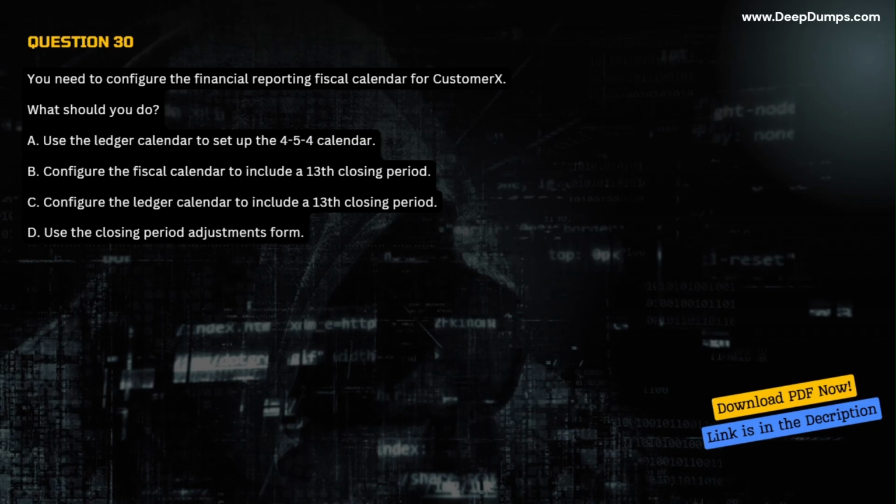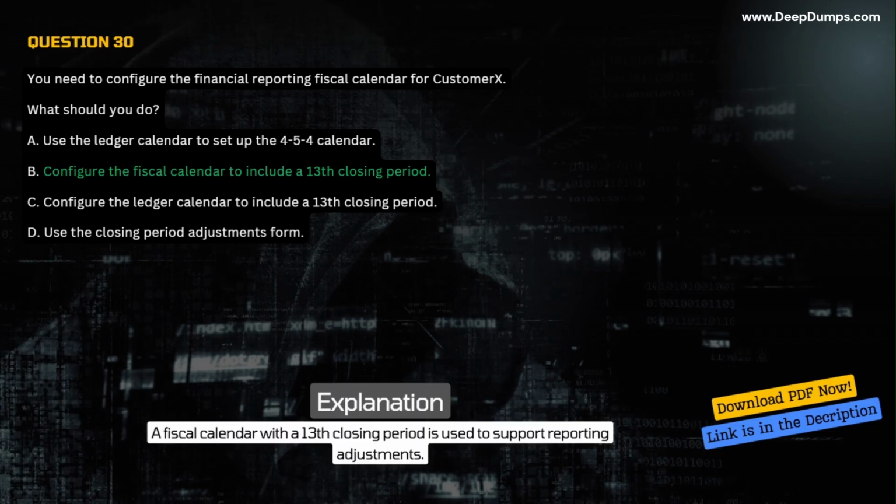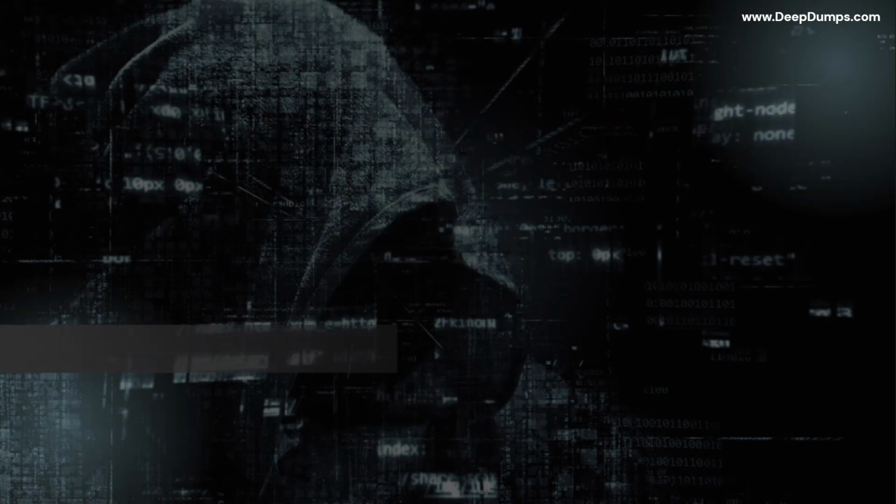D. Use the closing period adjustments form. Correct answer B. Configure the fiscal calendar to include a 13th closing period. Explanation. A fiscal calendar with a 13th closing period is used to support reporting adjustments.